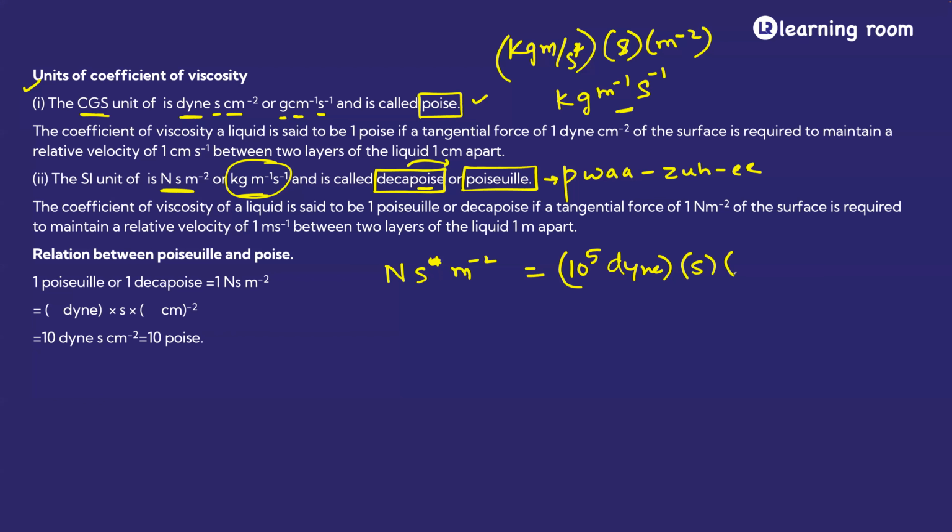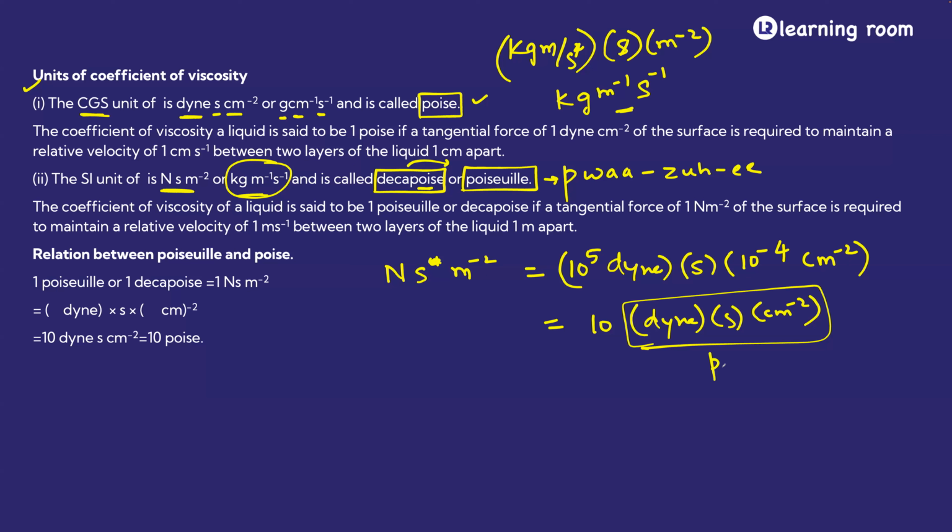What about meter power minus 2? 10 power minus 4 centimeter power minus 2. So it gives you 10 times dyne second centimeter power minus 2. What is this called? Poise. So 10 is deca; combine both, it is decapoise. Clear with this? That's why we have that name.